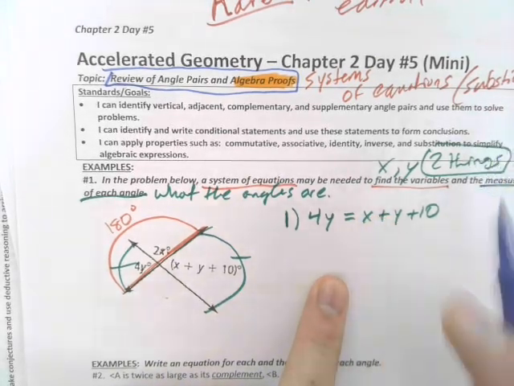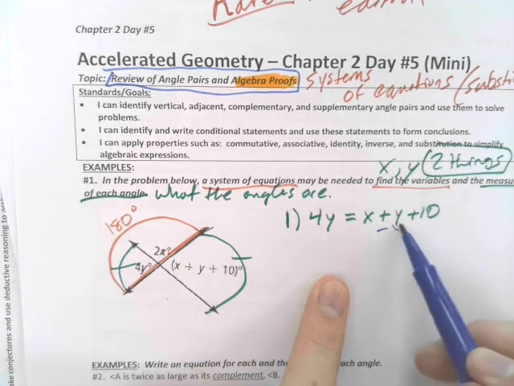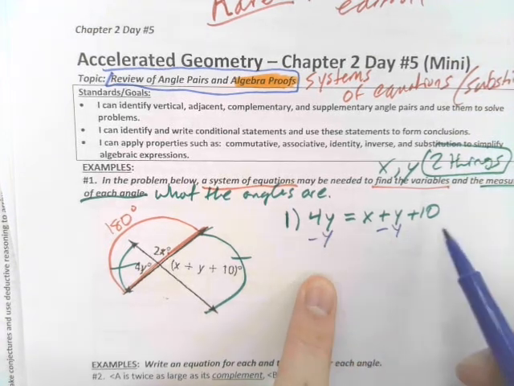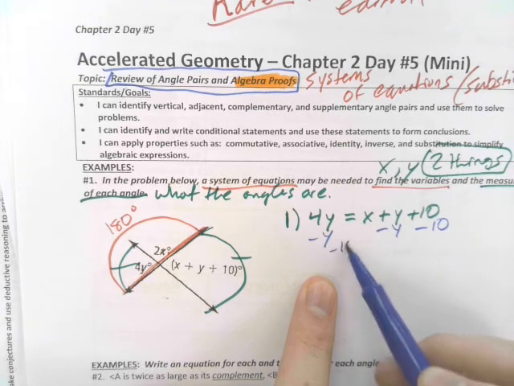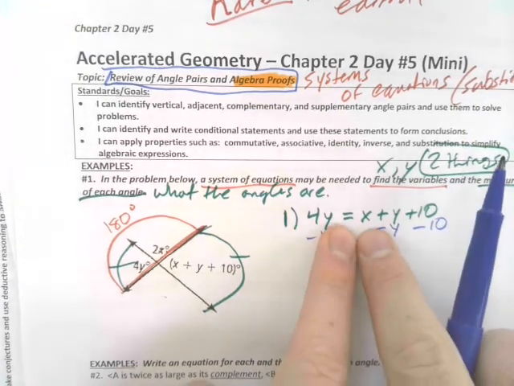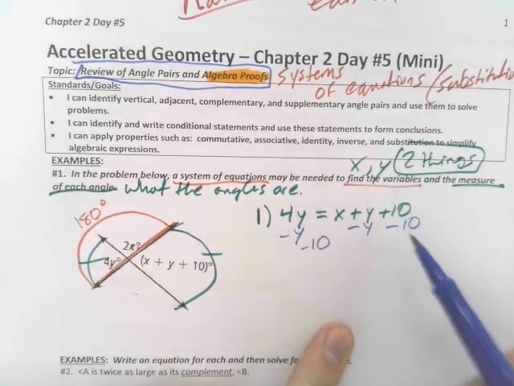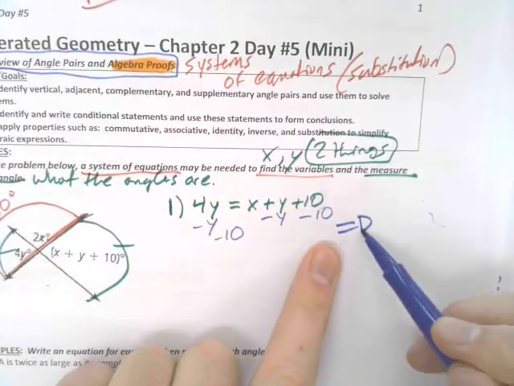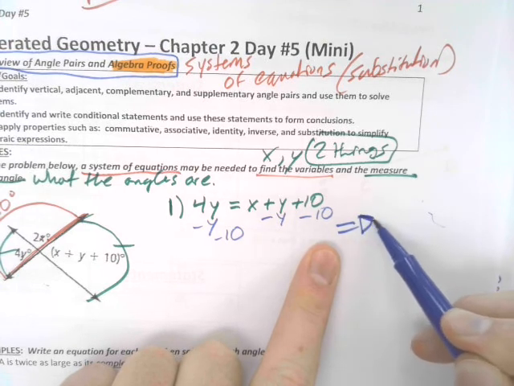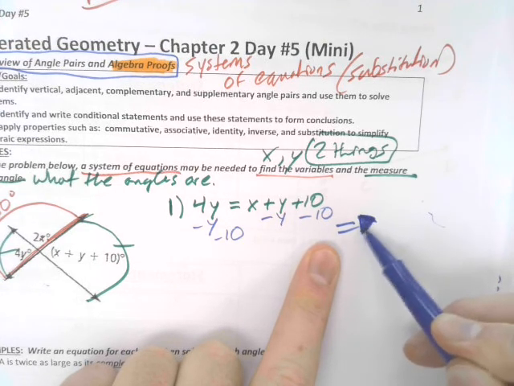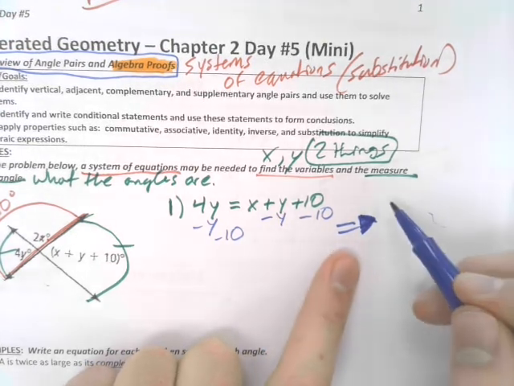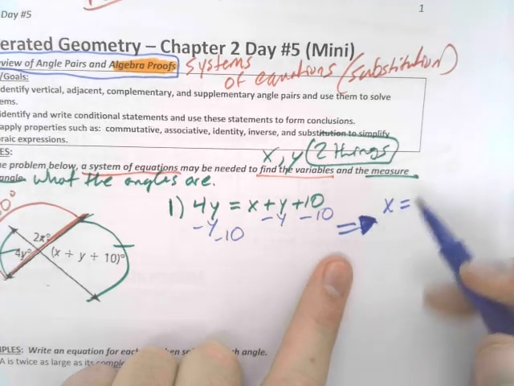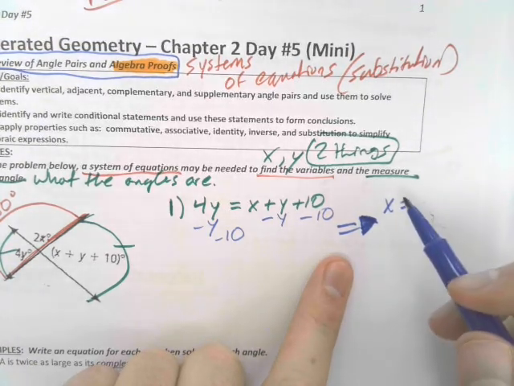It's just 1x. So why don't we subtract y over, and subtract 10 over, moving both these away from x. If you do that, you are left with x equals 3y minus 10.